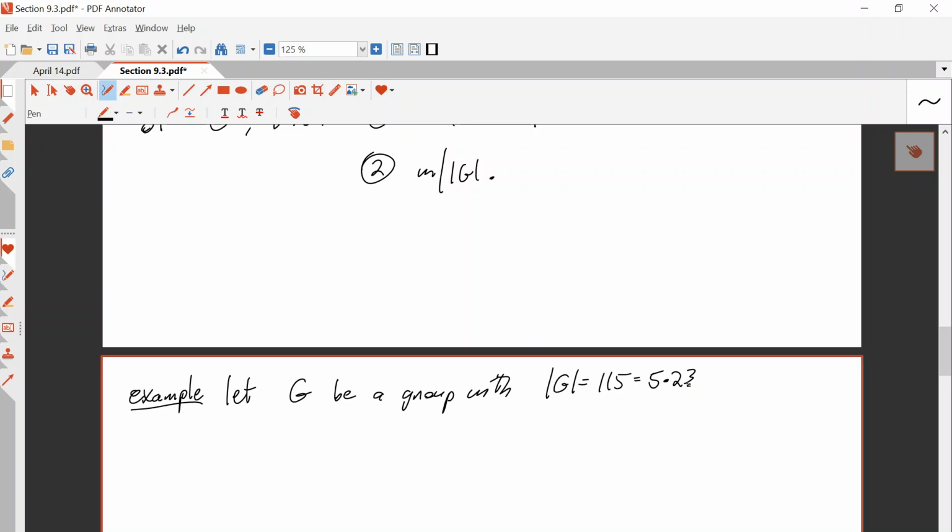Right? 5 is prime, 23 is prime. So pretty simple prime decomposition. Find all possibilities up to isomorphism for G.